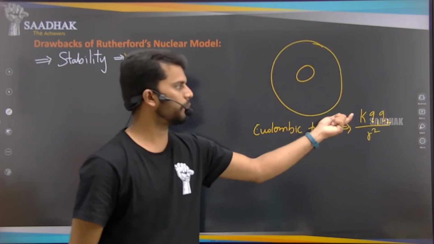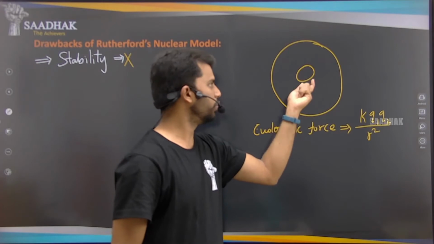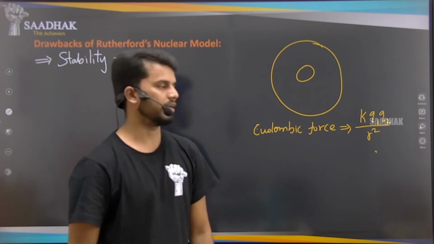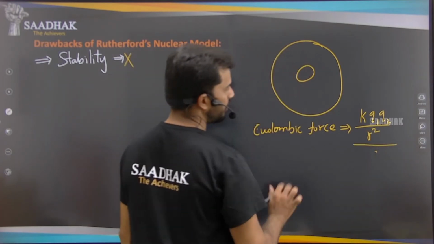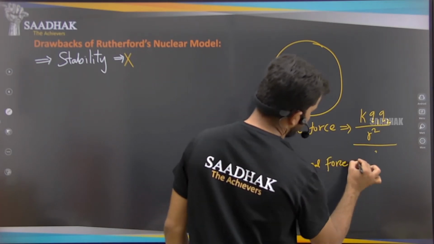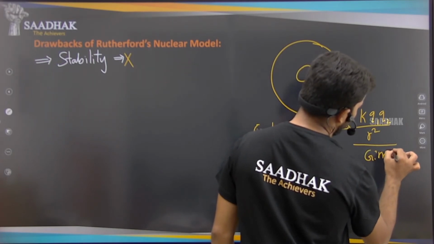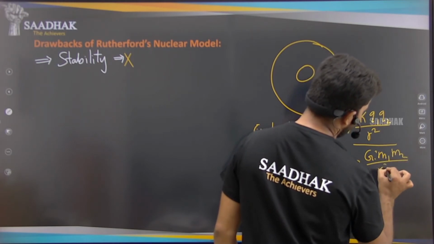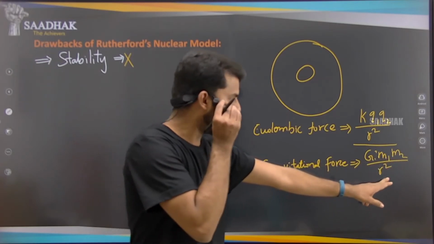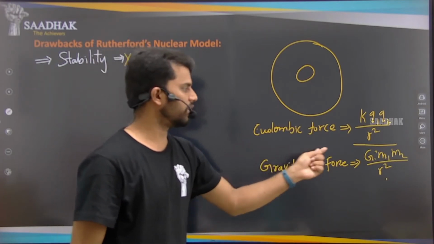K is the proportionality constant, Q1 and Q2 are the charges of the electron and the nucleus, and R is the distance, or the radius of the atom. If you observe, this equation is the same as the gravitational force formula, that is G into m1 into m2 divided by R square, where G is the gravitational constant, m1 and m2 are the masses of the two objects, and R is the distance between m1 and m2.